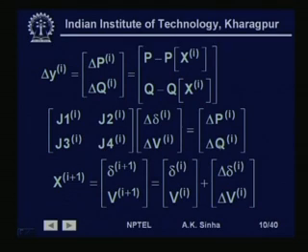Now, this value we know using the iteration, the value of the state variable at ith iteration. So, what we need to do is solve for the changes in the voltage phase angle and the voltage magnitude at ith iteration. Once we calculate this, as we see in this equation, this is a constant matrix with the values computed for x at i. So, this constant matrix can be written as the matrix A, and this is x.